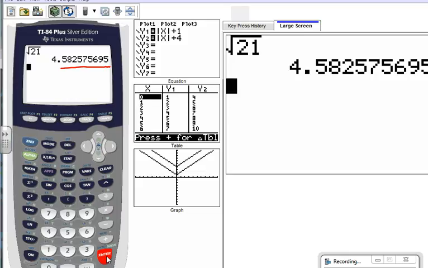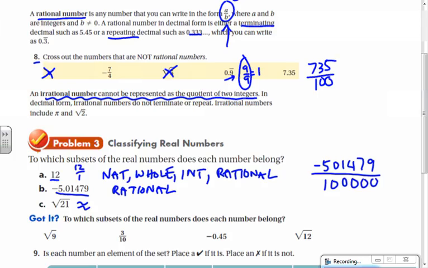And we don't see any pattern, any repeating in there. If that happens when you do a square root, then it's an irrational number. There's no way to write that as a fraction. So this number here is irrational only. And if it's irrational, it's not going to be natural or whole or any of those numbers.